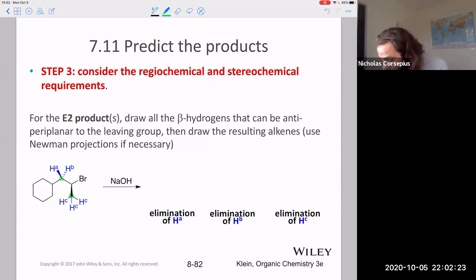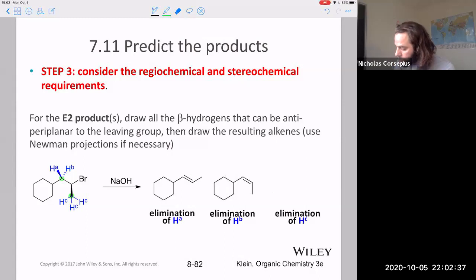Then we can do the elimination as if each one of these was going to be removed. If we had elimination when that HA was coplanar, we would have this conformation. HB was coplanar, it would be this conformation. And if any one of those hydrogens on the methyl group were eliminated, we would get the last one.